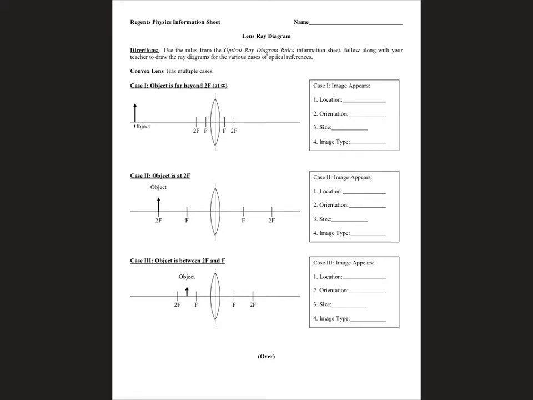So the steps to draw our rays are kind of the same. What's going to happen is we're going to follow the same steps for our three rays, except now instead of reflecting off the mirror, they're going to refract through the lens.